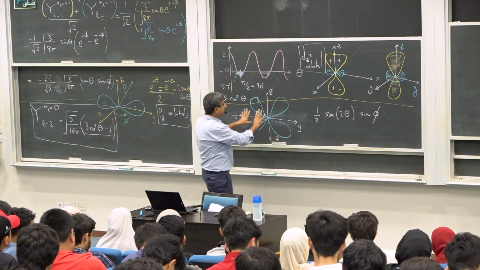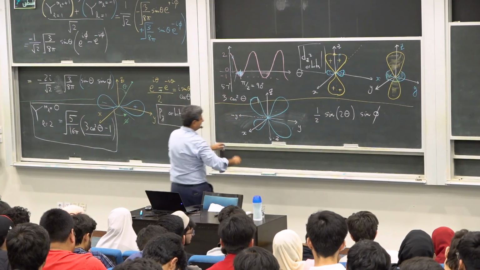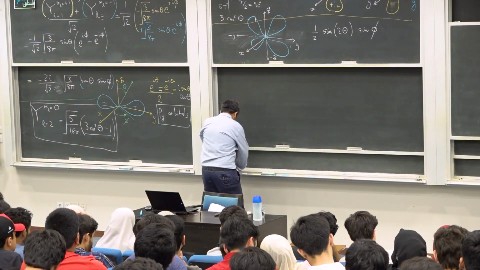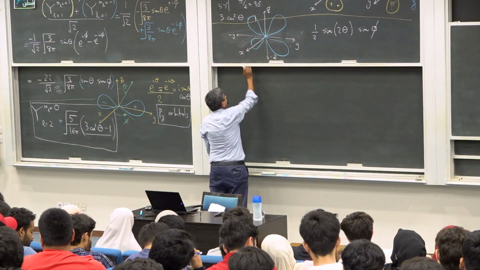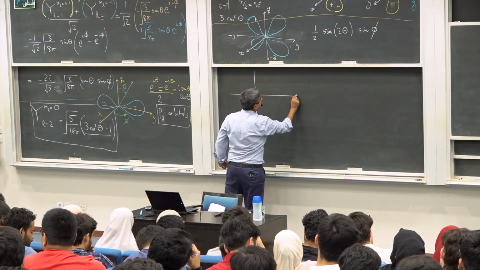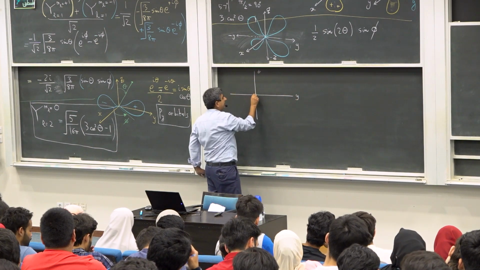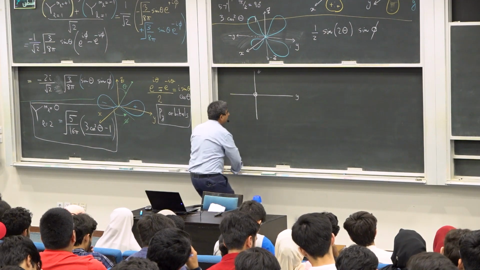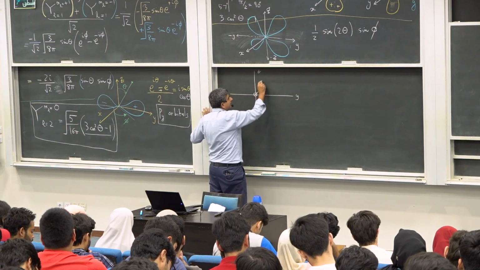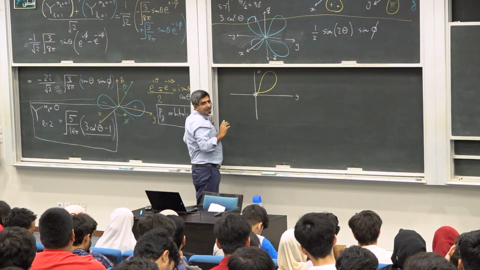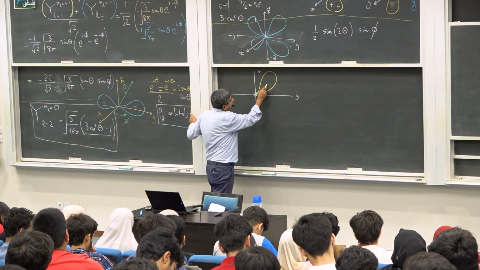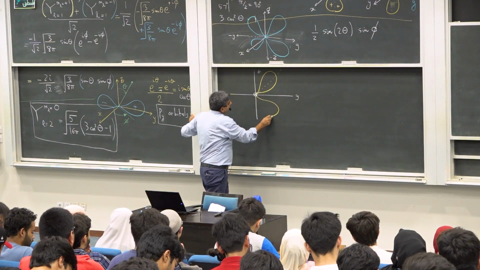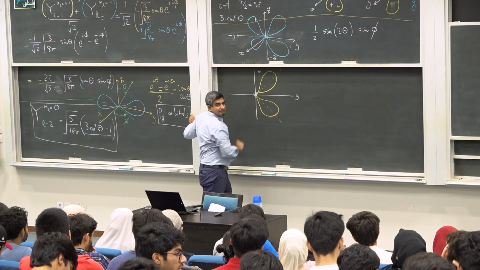So if I were to look at this from the front, I look at this orbital from the front like this, YZ. X is pointing towards us. If I were to plot the orbital, it will have maximum value centered around the theta equals 45 degrees axis, the theta equals 135 degrees axis.